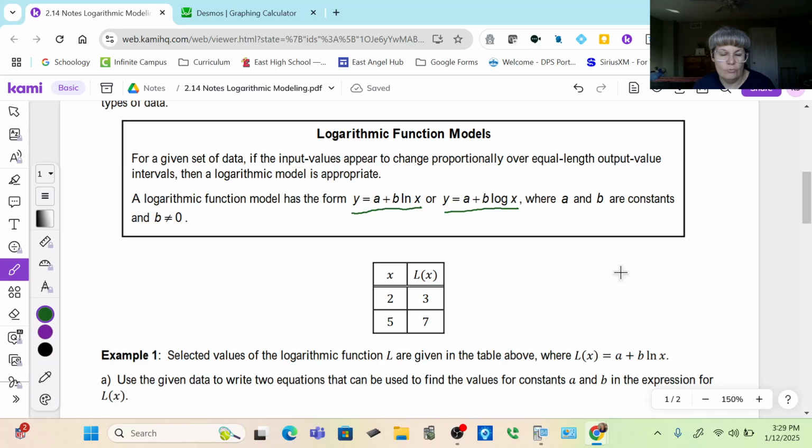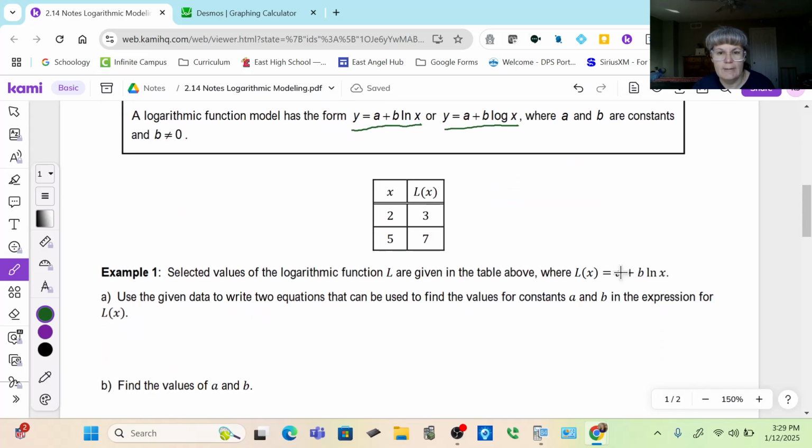And the whole reason we can use logarithmic functions is that the input values appear to change proportionally over equal length output intervals. Remember, if it's exponential, it's the output values that change proportionally over equal length input value intervals. So this is the inverse of that. It's that the inputs are changing proportionally.